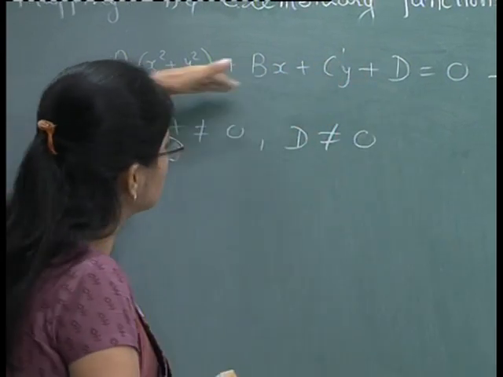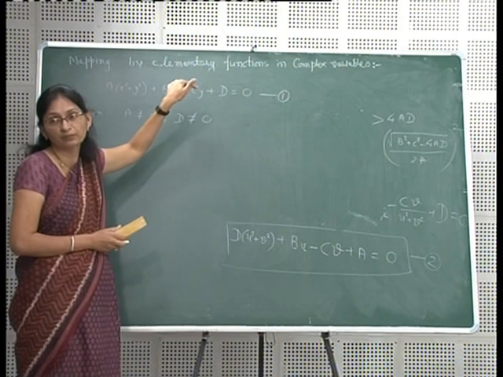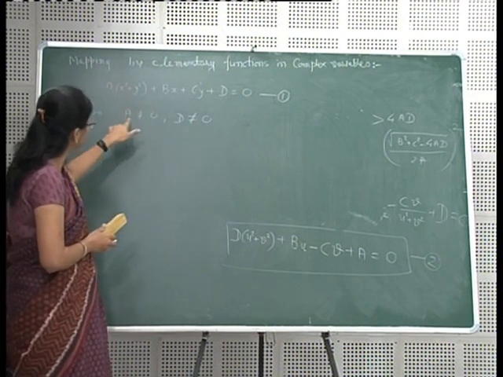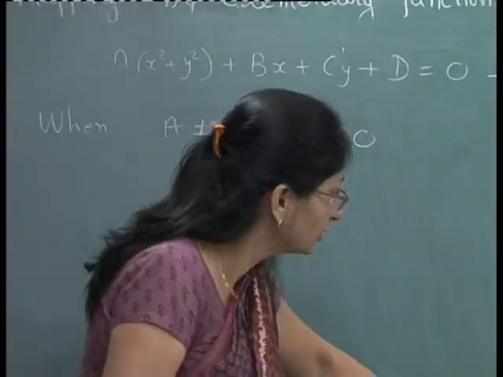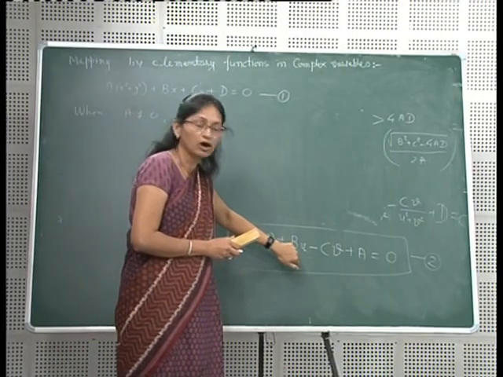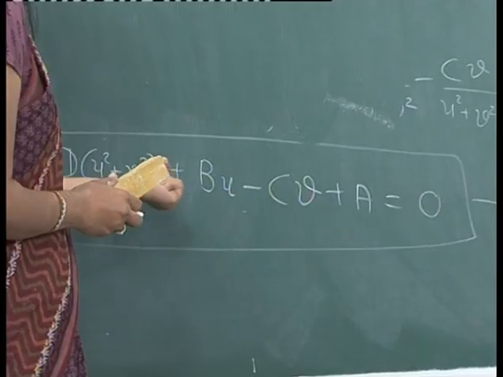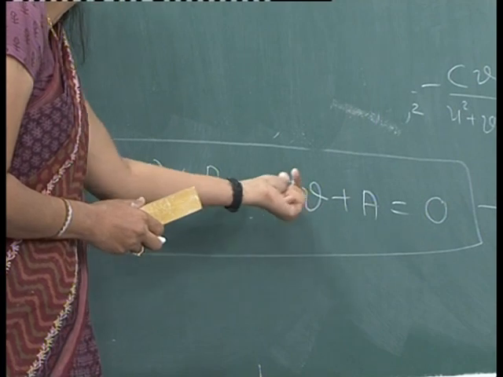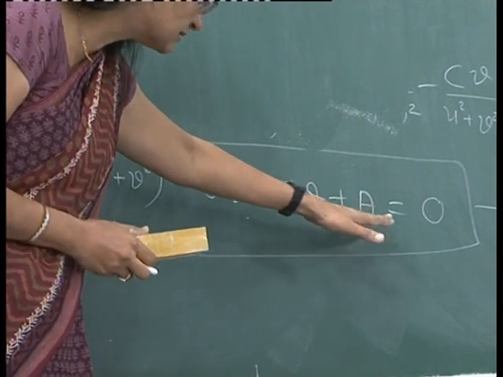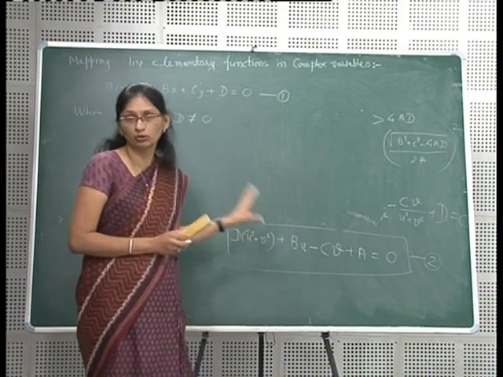So this represents a circle which does not pass through 0, 0. Now if A is non-zero and D is non-zero, then the image of the circle 1 is always the circle d(u square plus v square) plus bu minus cv plus a, and since A is non-zero, so this circle also does not pass through the origin.